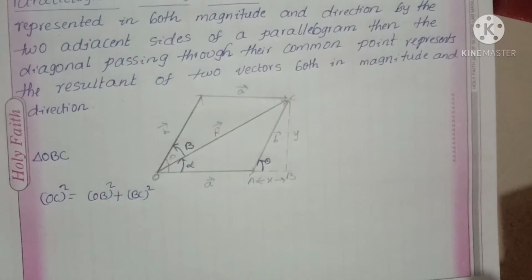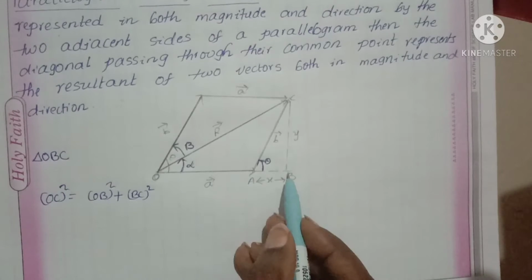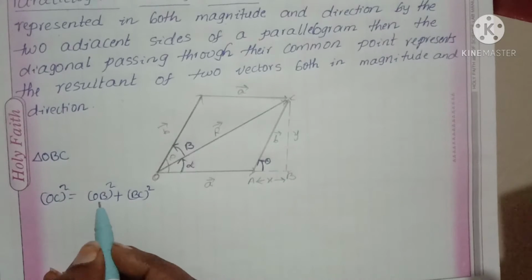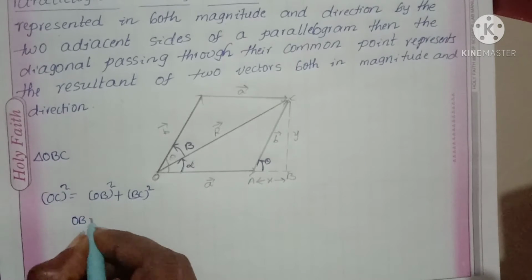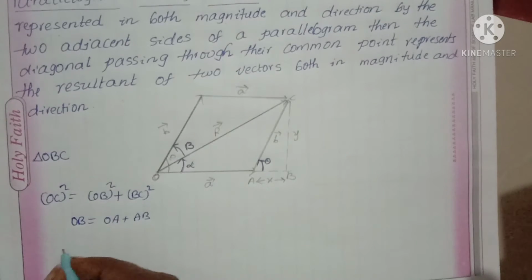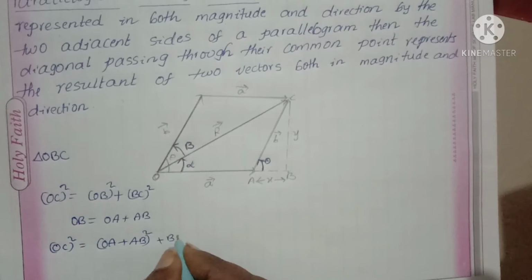This is from the Pythagoras theorem. Now OB means OA plus AB. So in place of OB we can write OA plus AB. So now OC square equals (OA plus AB) whole square plus BC square.